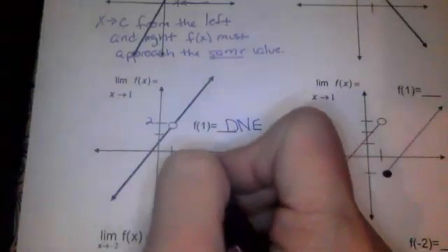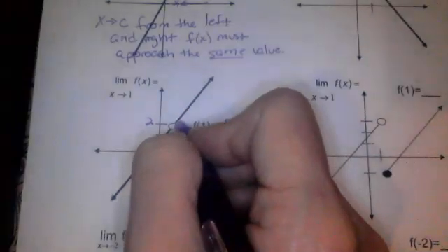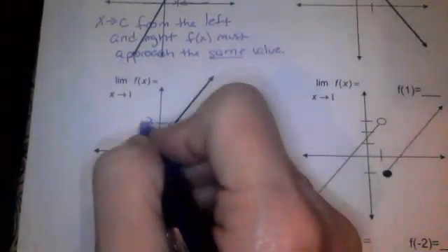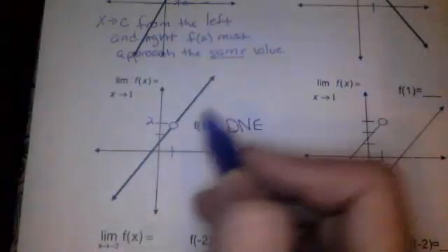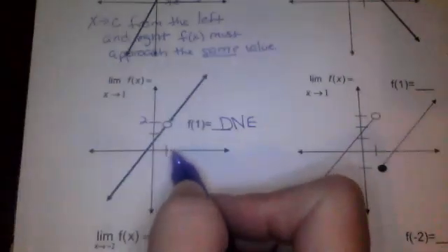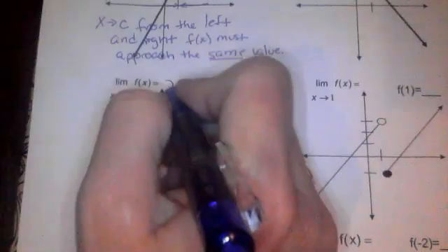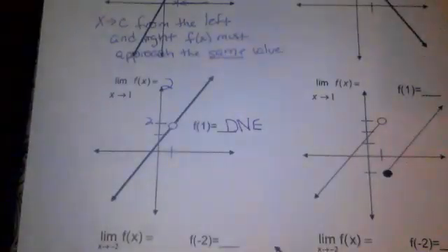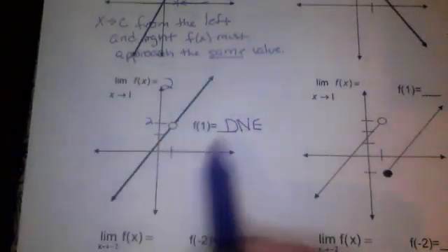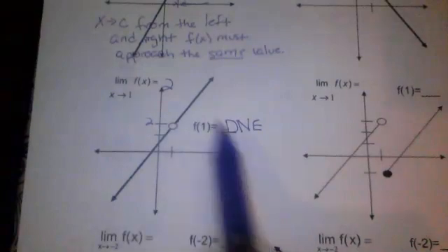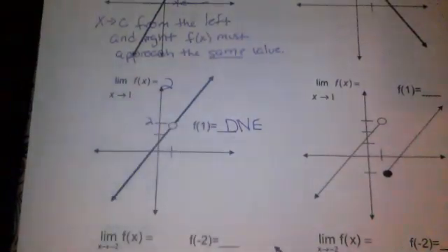If I come in from this side and I go up by there, the output value is close to 2. So the output here is getting close to 2 as x approaches 1. That is my limit. So this would be an instance where the value and the limit are not the same.